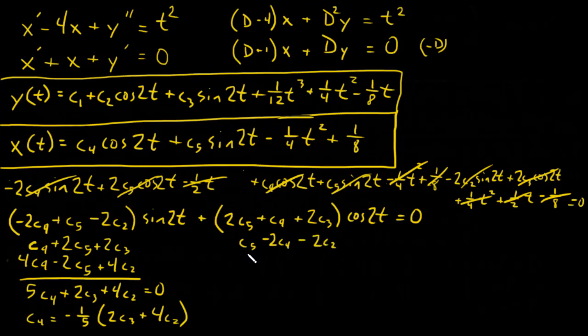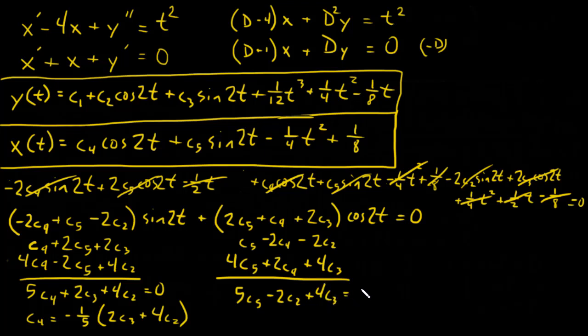All right, I'm going to multiply the top by positive 2. So if I do that, I'm going to get 4C5 plus 2C4 plus 4C3. And I'm going to add them together. That'll eliminate the C4s. I'm going to have 5C5 minus 2C2 plus 4C3 equals 0.